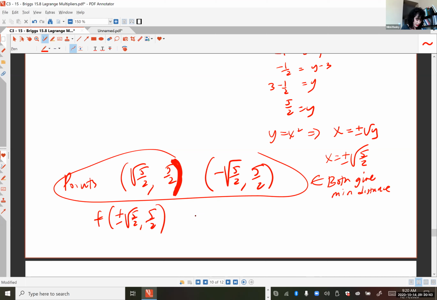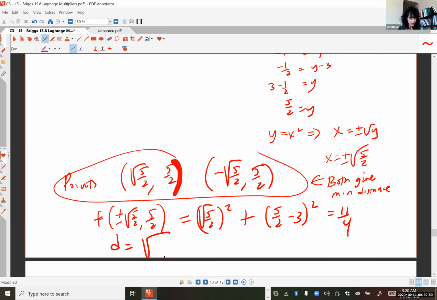So you're going to get x squared, which is square root of 5/2 squared, plus the quantity y minus 3 squared. And I get 11/4, and then the actual distance is the square root of this function. Remember, we looked at the radicand. And this is a square root of 11/2. It turns out that square root of 11/2 is less than the 3. You could check me out on that. So the point 0, 0 isn't the minimum. These guys are the answer.